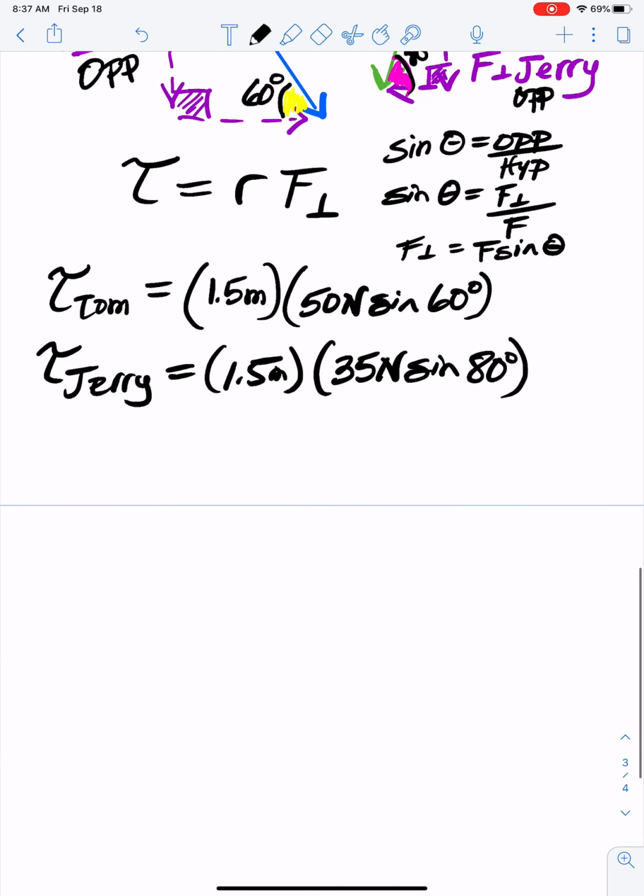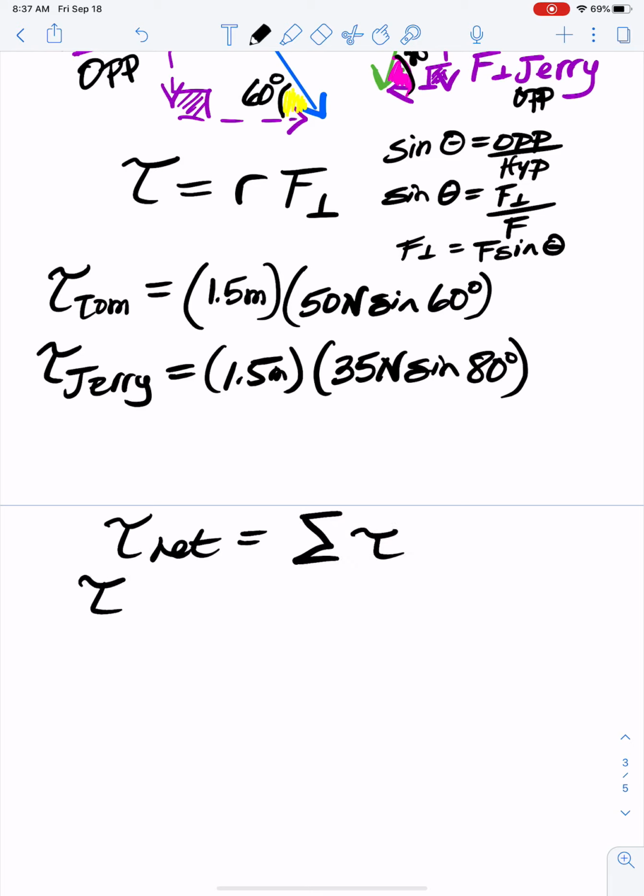So now we have to remember that torque net, which is what we want from this problem, is equal to the sum of the torques. That means torque net is equal to the counterclockwise torques, so that's going to be torque Tom first, sorry, minus the clockwise torques, torque Jerry.